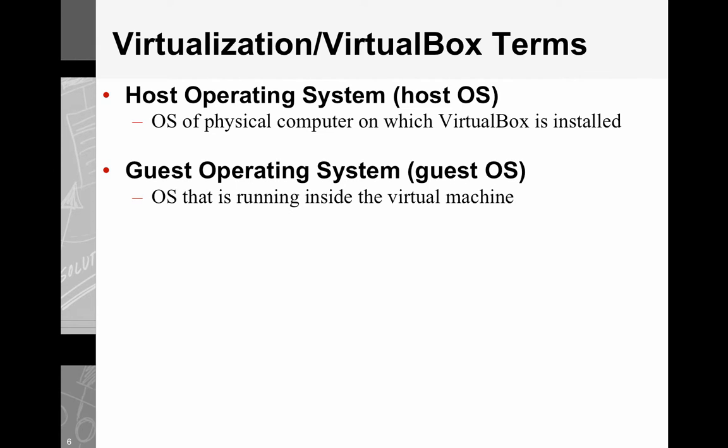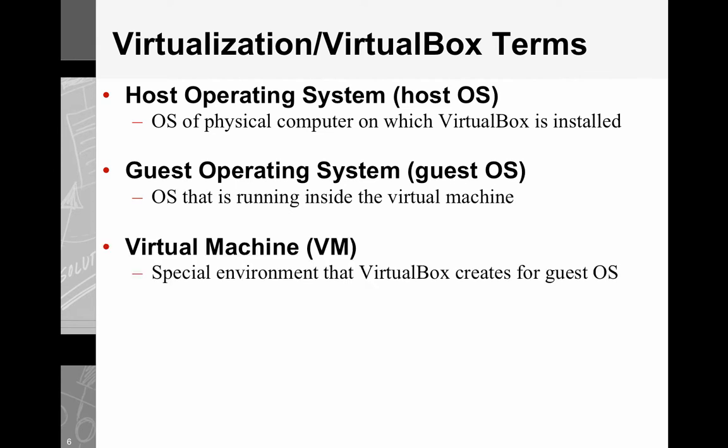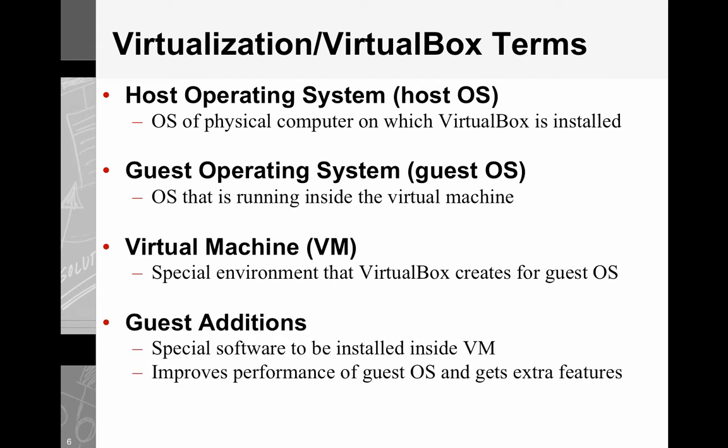So it's the virtualized operating system. Virtual machine, or VM, is a special environment that VirtualBox or any kind of virtualization software creates for the guest operating system. You can even create virtualized networks and have all the virtual machines communicate within that particular network.